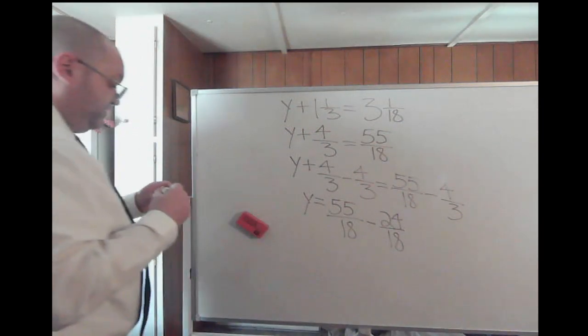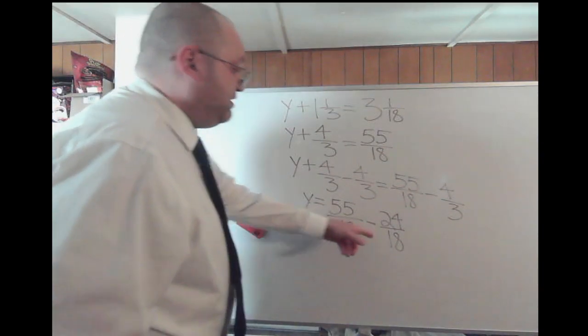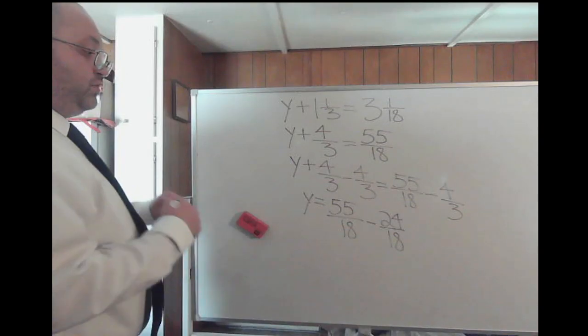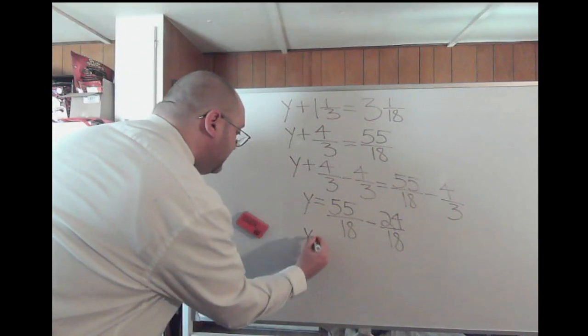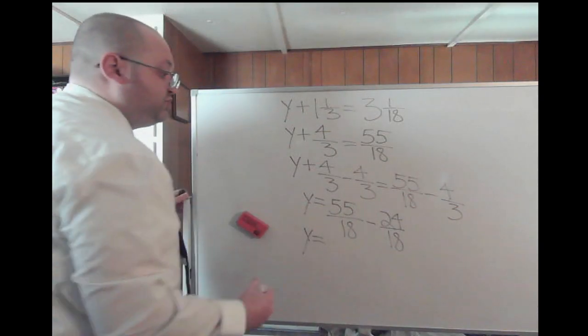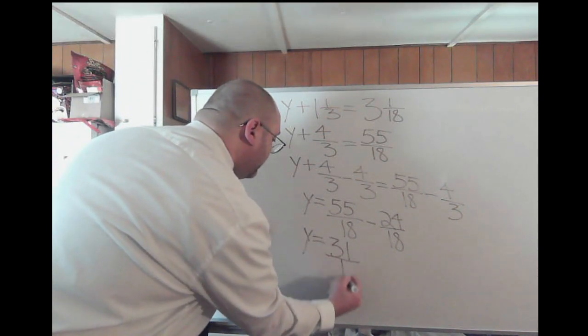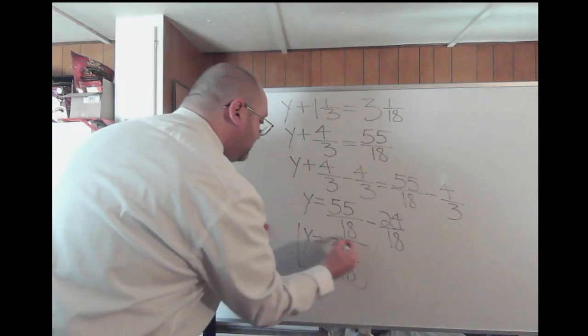Now these both have the same denominator, because you have y equals 55/18 minus 24/18. Therefore, you can do the subtraction. So y is equal to 55 minus 24, that's 31. You get 31/18. So that's one acceptable answer.